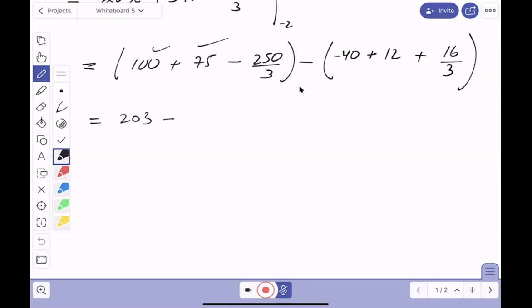And then it's going to be minus 266 thirds. Well, I've got to do the arithmetic now. 3 times 203 is 609 minus 266.